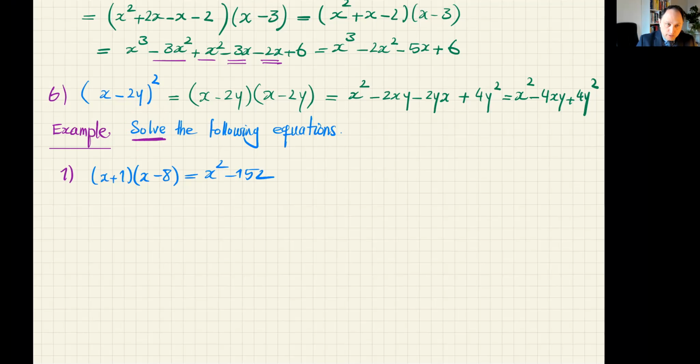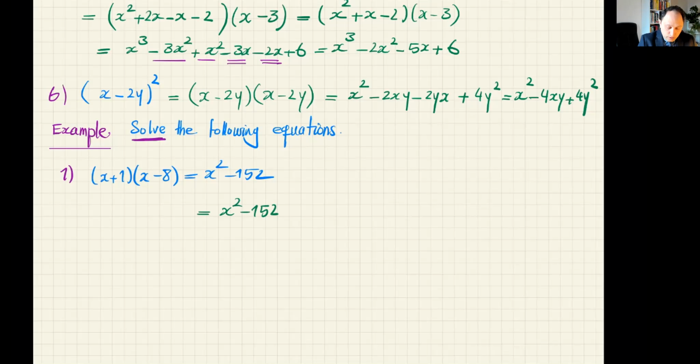What I write in green is considered to be the solution to this problem. We just learned that if I want to solve this, this is a little bit hard, so I try to simplify as much as possible. The right-hand side cannot be simplified because these two expressions are not similar, so there is nothing that I can do there. So let me copy and paste.